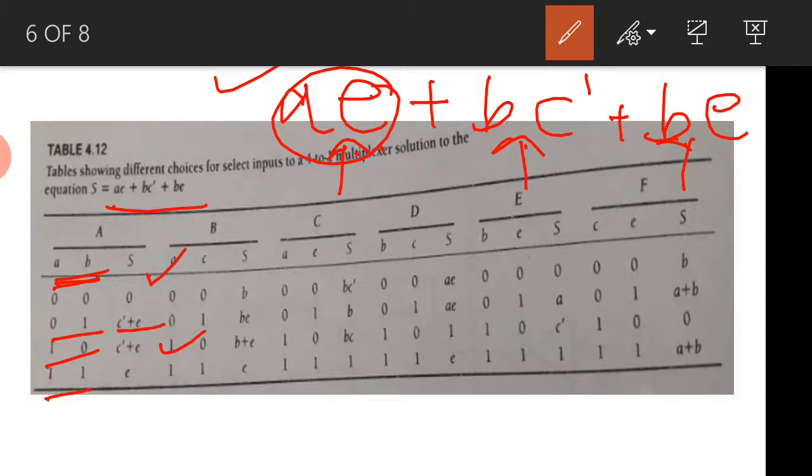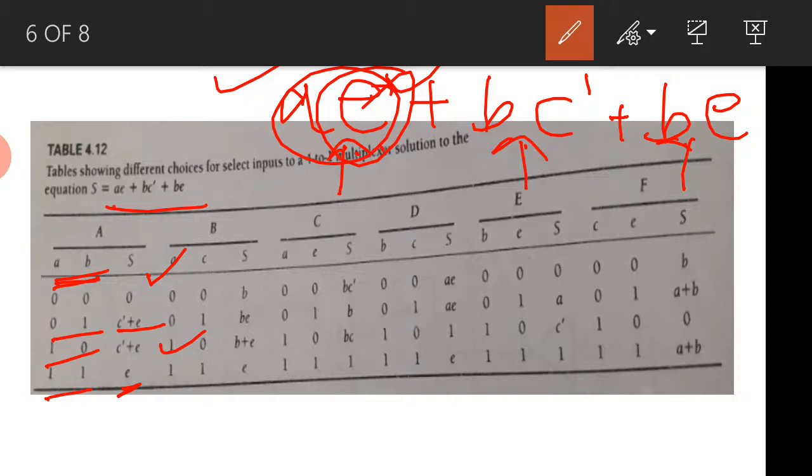And here, sorry, AB as 1 1, so 1 means E, and here it is C bar, and here it is B. E plus E is E, again C bar. Whether C is 0 or 1, whatever E that you can declare here, we can take it as E here.